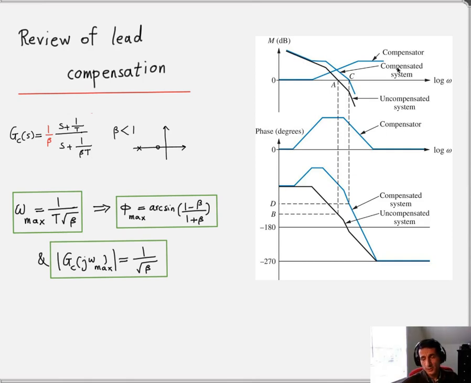Now, the important thing about the closed loop system that is compensated using a lead compensator is that, as you see, this curve shows the compensated system. This is the magnitude and this is the phase angle. What it does is shift to the right the gain crossover frequency. When you increase the gain crossover frequency, you increase the bandwidth.